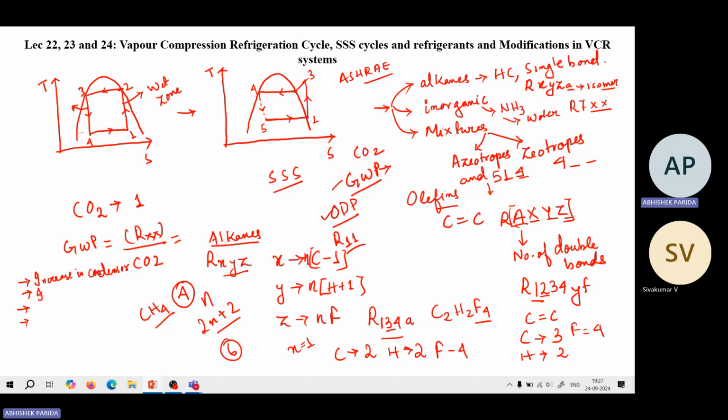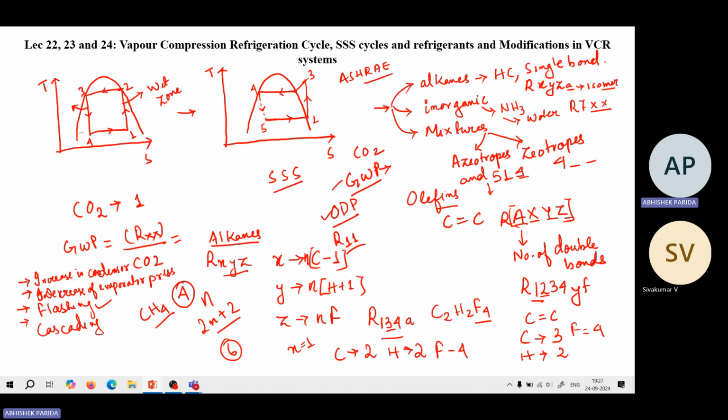Then decrease of evaporator pressure, and flashing and cascading. These were all discussed, and I think we'll be solving one numerical on flashing. That will mostly clear your basics on flashing. Increasing the condenser and evaporator pressure are very simple, and I think that can be understood.